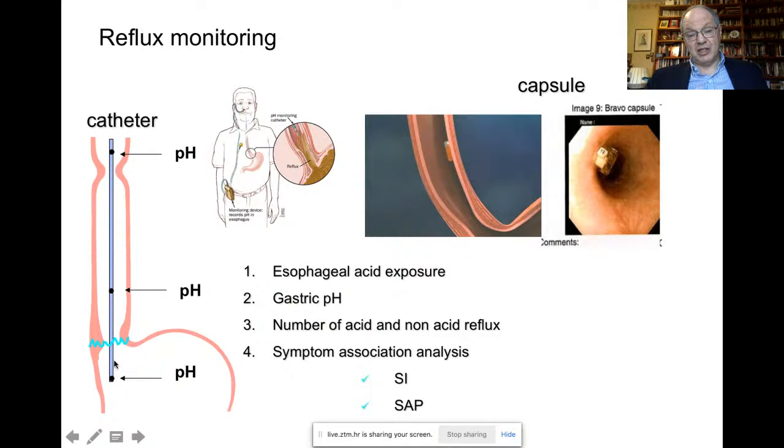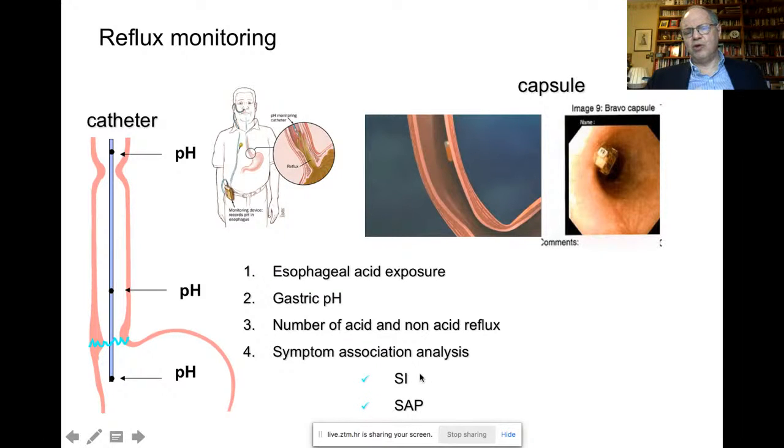If you have a pH sensor in the stomach, what is the gastric pH, particularly interesting in patients that are on PPIs not responding to therapy. You can count the number of reflux episodes across the OJ junction, and you can investigate the association between reflux events and symptoms.